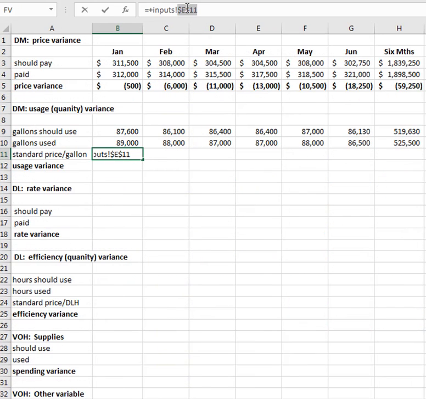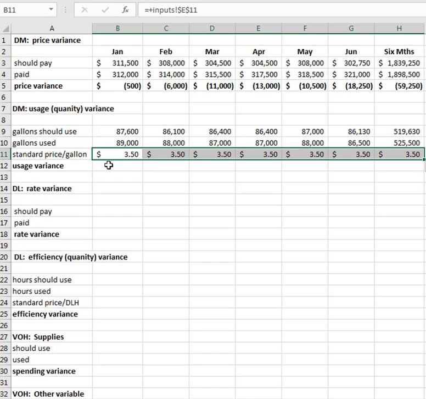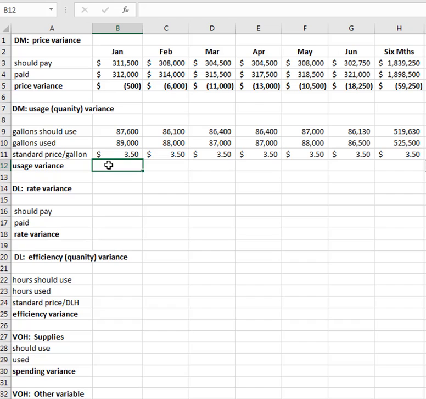We will anchor that. It turned it into an absolute reference rather than a relative reference. And now we can do the calculation. So how many gallons should they have used minus what they did use times that $3.50. And we'll get the order of operations correct here.